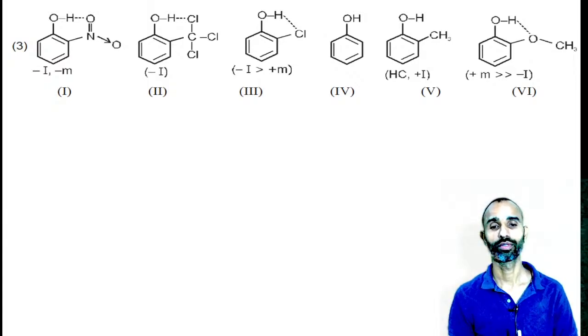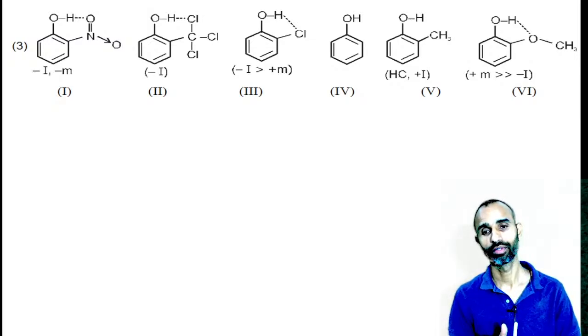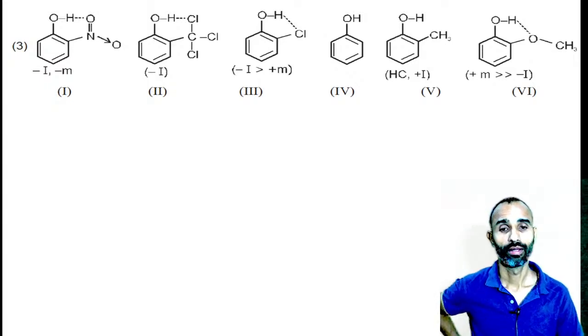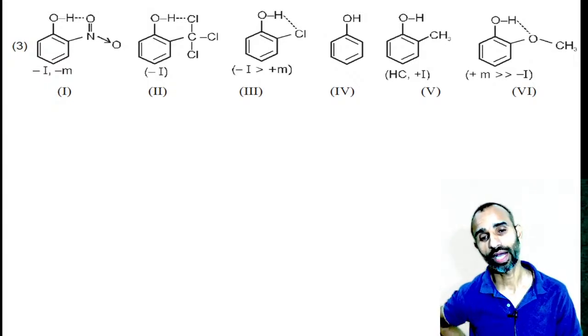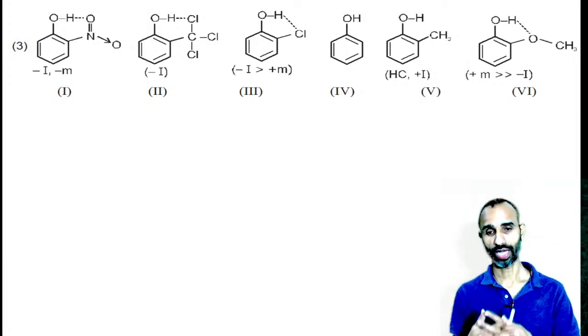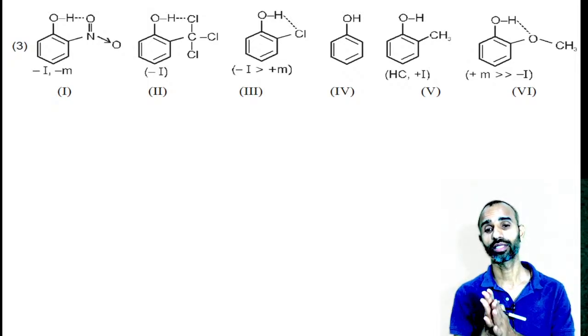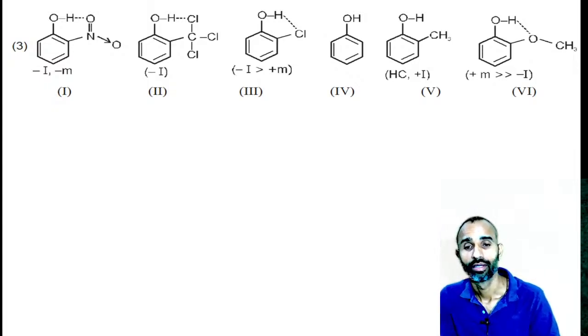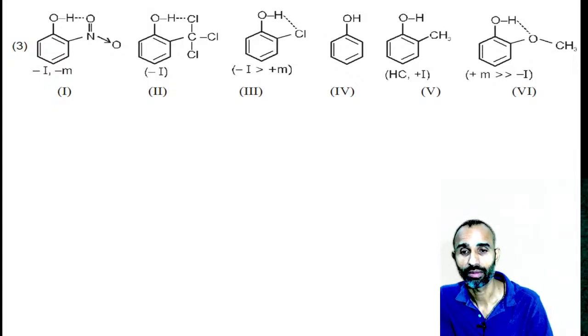NO2 group at ortho position, CCl3 group at ortho position, Cl group at ortho position, CH3 group at ortho position, OCH3 group at ortho position. In the first case there is minus I as well as minus M. In the second case there is only minus I. In the third case there is minus I, and that is dominating over plus M, and there is dipole-dipole interaction.